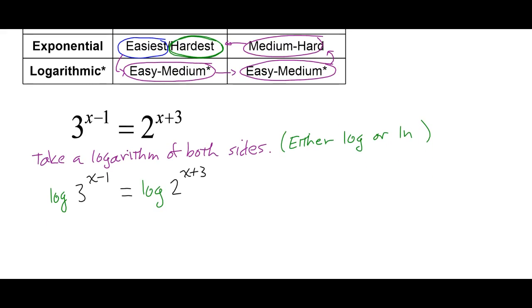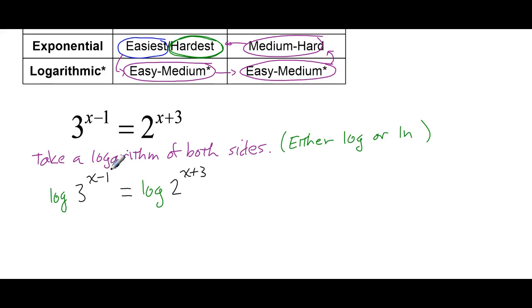And then this is where the most important logarithm property of all comes into play, because these are the toughest equations, the ones that are going to give us the messiest answers and take the most work. This is the situation where you really have to know your logarithm properties. The most important logarithm property is the one that lets you take the exponent, peel it off, and put it in front of the logarithm.